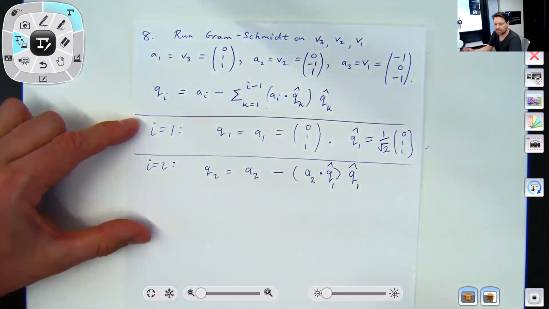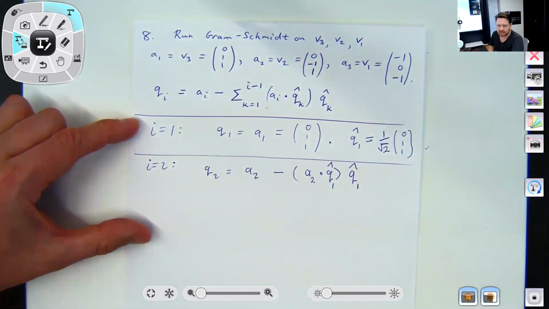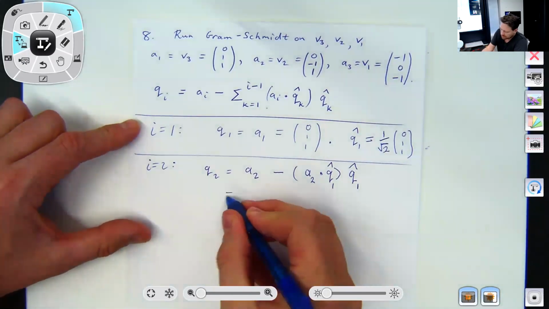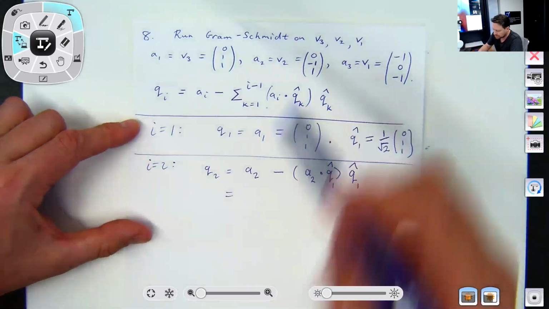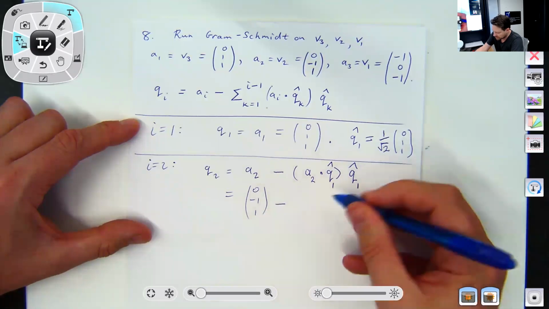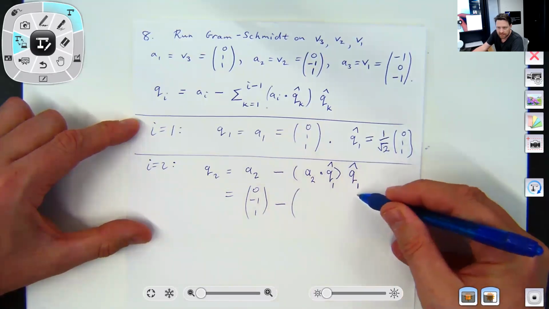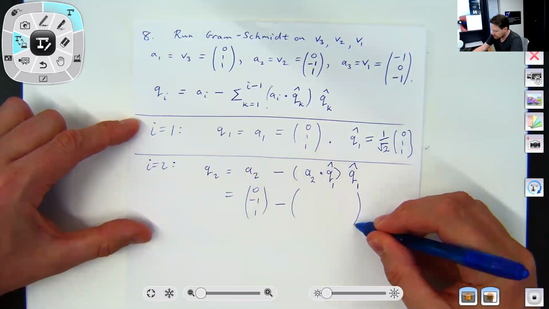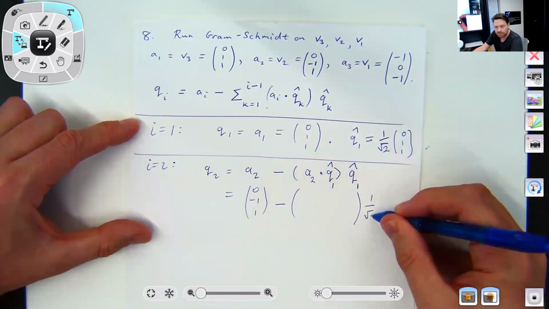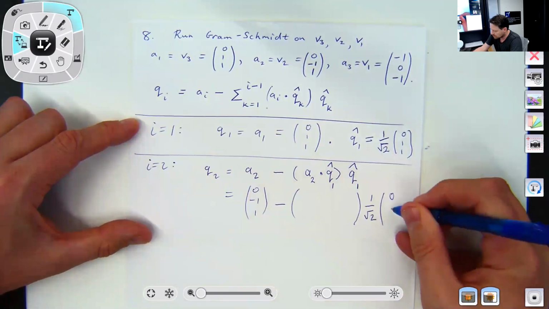Now that I've put that in, I just need to substitute and calculate. Subbing in A2, it's right there: 0, minus 1, 1. Then we're subtracting a dot product, so I'll leave plenty of space. Over here, I'll put in the Q1 hat, which we calculated as 1 over root 2, 0, 1, 1.